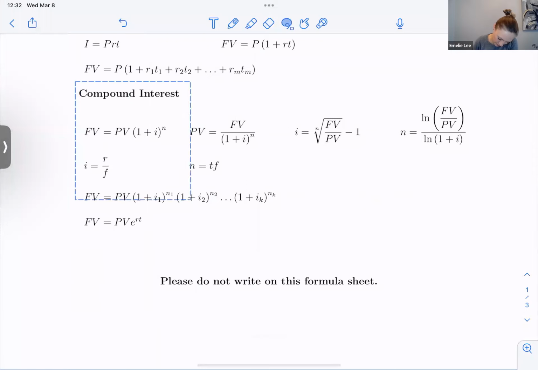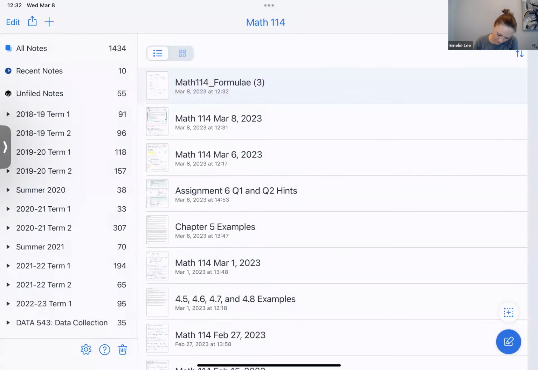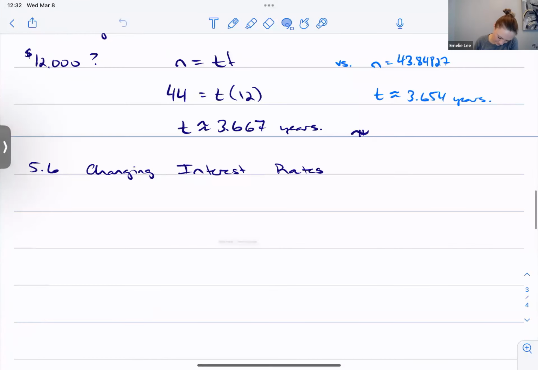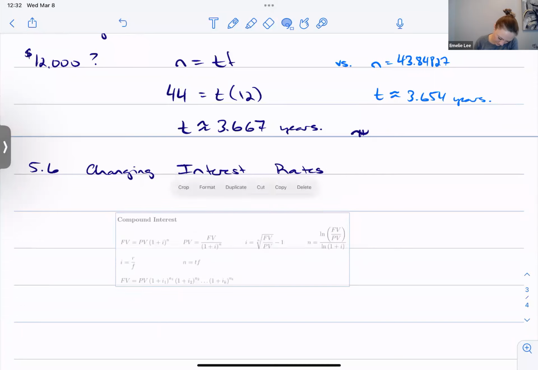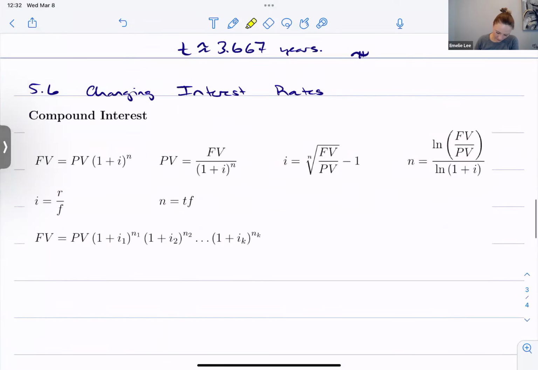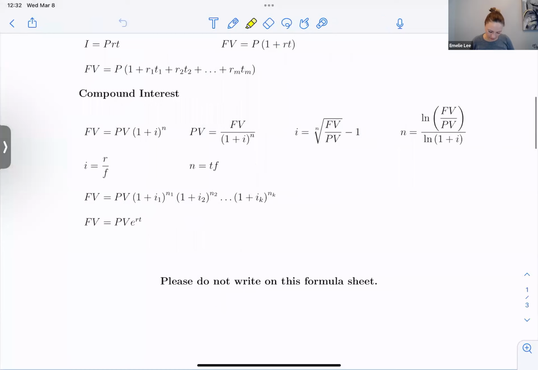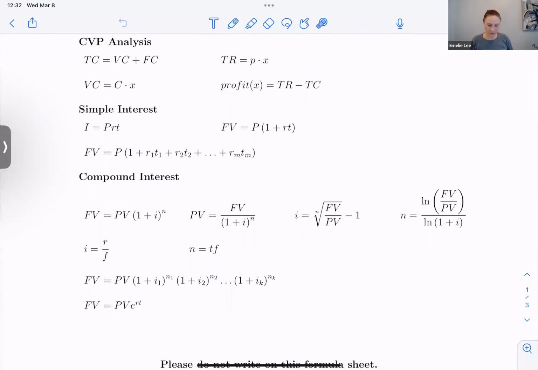Okay, so for compound interest, here, this is the one that we're looking at now. If you compare the formulas, we saw the changing interest rate.